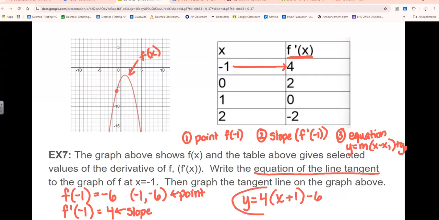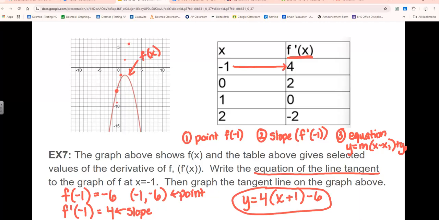It also asks you to graph it. You have a few options. This is our point of tangency, and our slope is 4. So from that point, we can go up 4 over 1, up 4 over 1.